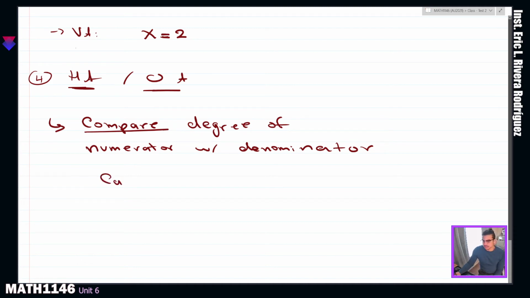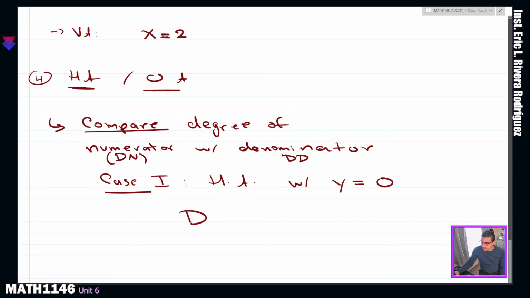Case 1. And this case is going to give us a horizontal asymptote with equation y equal to 0. That case is when, so I'm going to use degree of the numerator as dn, and degree of denominator is going to be dd.